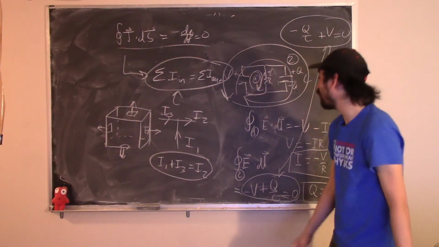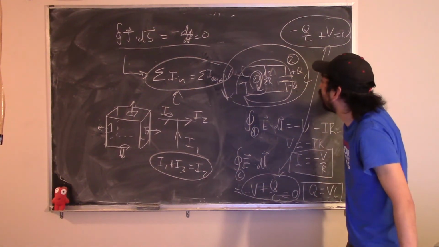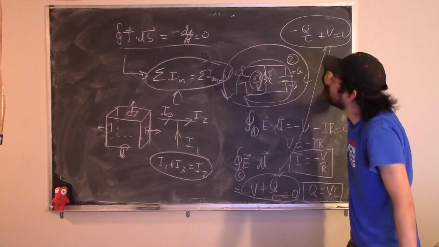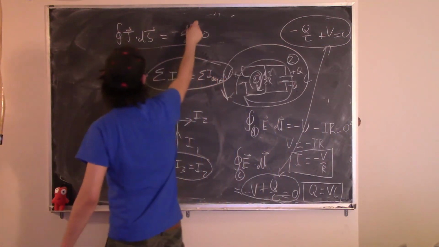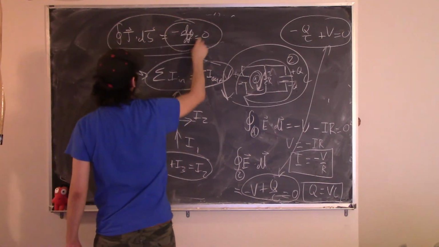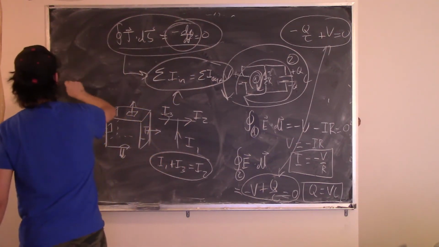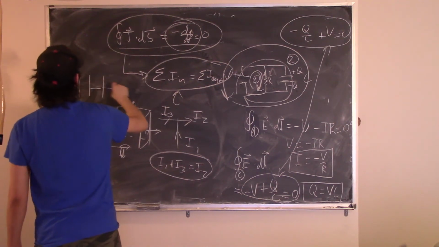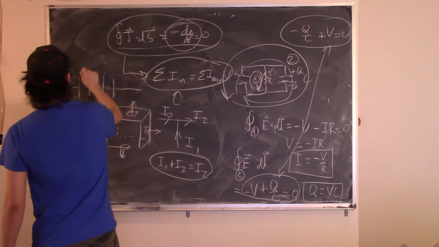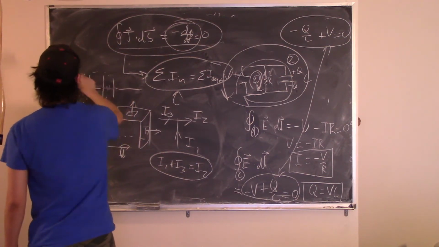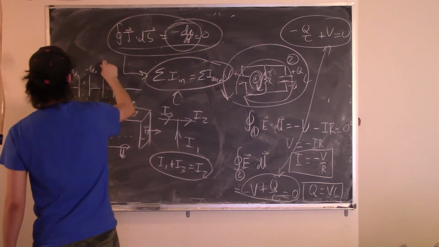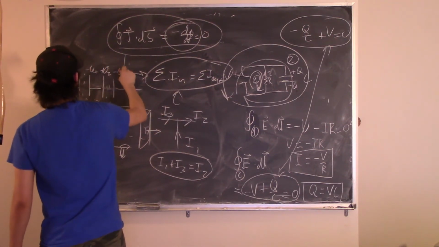And really, I didn't realize this until now. When I'm thinking about why it's good to do this in general, why it's good to write the equation like this, it's because of this term. This term allows me to say something about, if I have two capacitors in series, why is it that if this is C1, this is C2, I can label this as plus Q1 minus Q1 plus Q2 minus Q2.